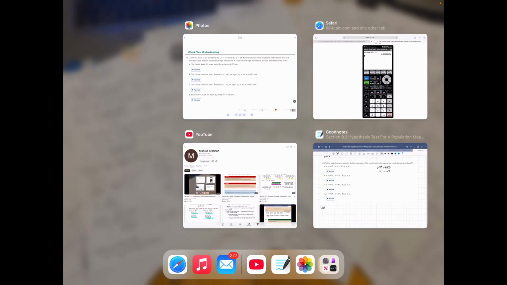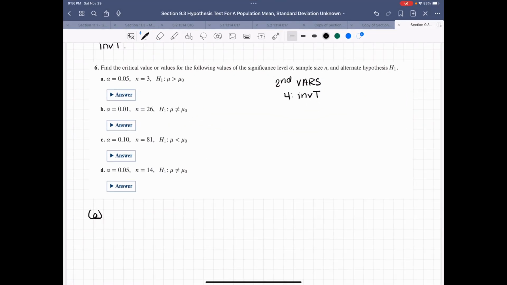So here's what we've got right here. So we put in inverse t, and we put in 0.05 and 2. And we got back a negative 2.920. Now let's think about what we're getting back. We're getting back a critical value, which is used to, if we knew the standard deviation of the population, this was our z-score. So in essence, you're getting a negative 2.920 z-score, okay?